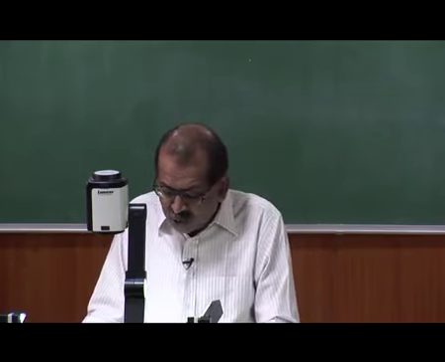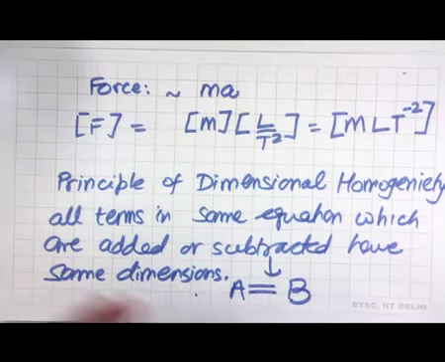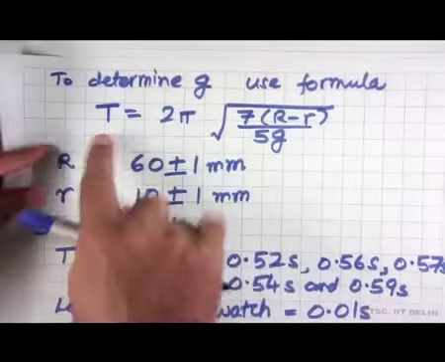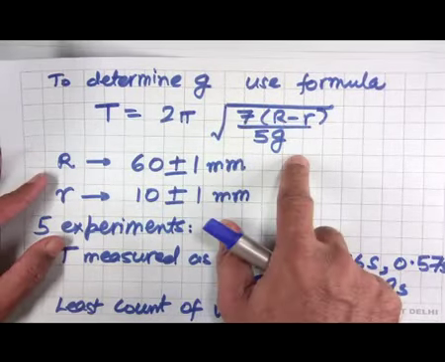Now what one can do is, if I am given an equation as we had seen in the previous example, where a formula was given to us in terms of time period, T is equal to 2 pi root of 7 times r minus r by 5g.